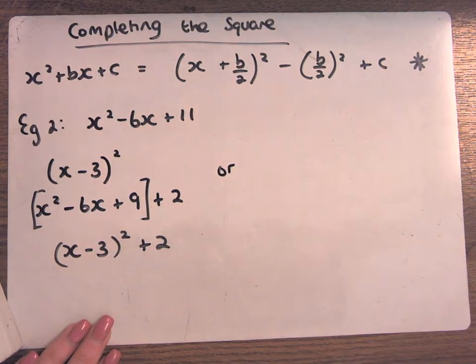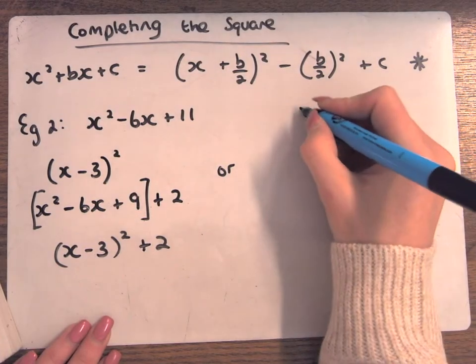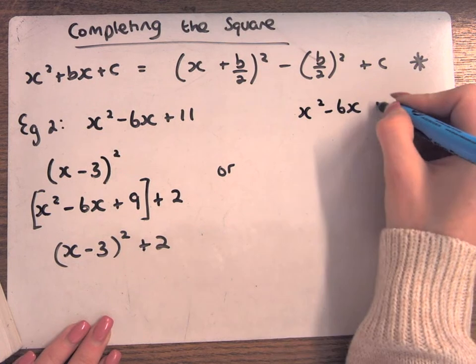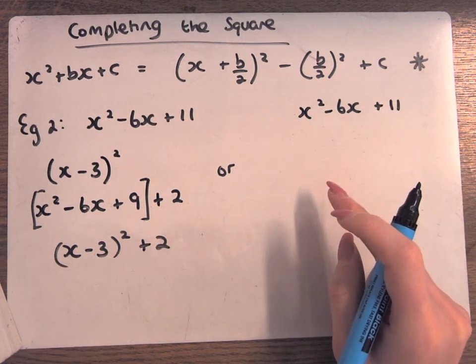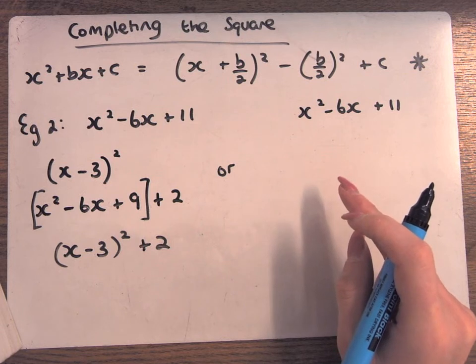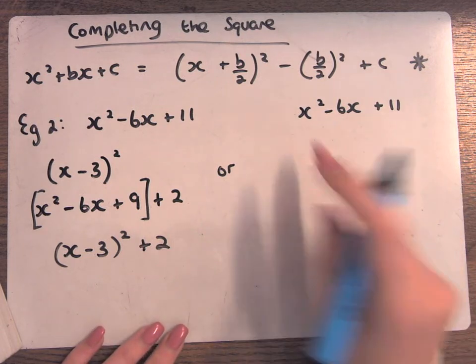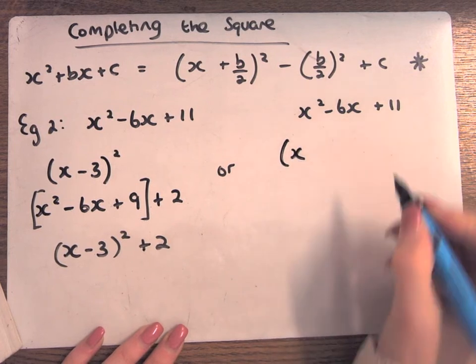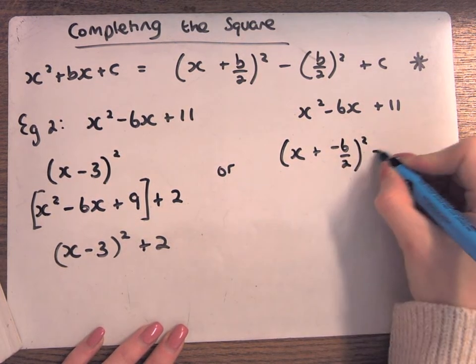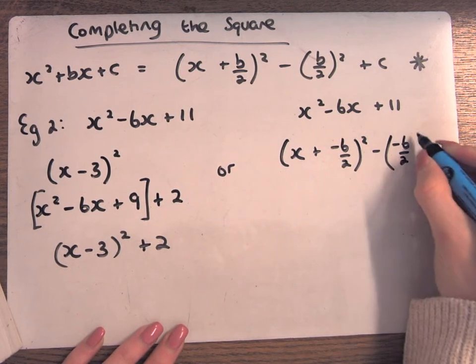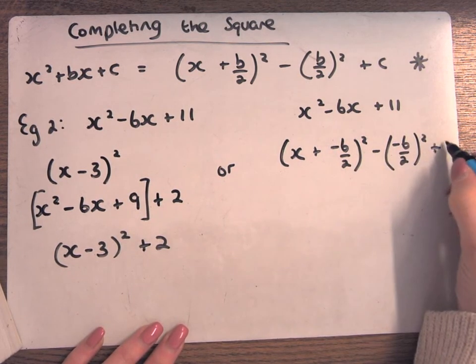Or if we're going to do it the formula way, the formula way is going to be x plus b over 2 to be squared minus b over 2 to be squared plus c.